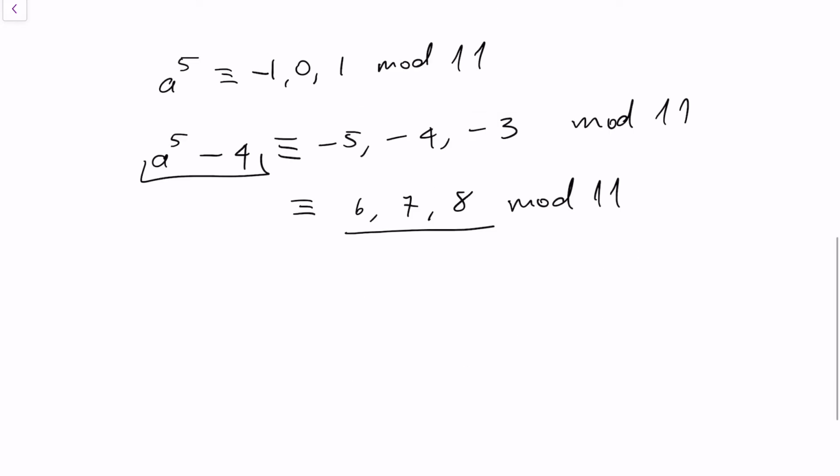So in other words, a to the power of 5 minus 4 can be either 6 or 7 or 8 in mod 11. But we also have that a to the 5 minus 4 is equal to b squared, where b is a non-zero integer. So now the question we need to answer is, what is an integer square in mod 11?